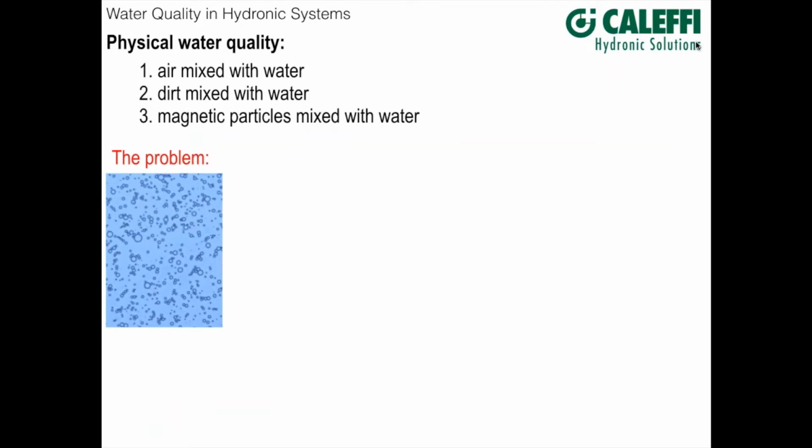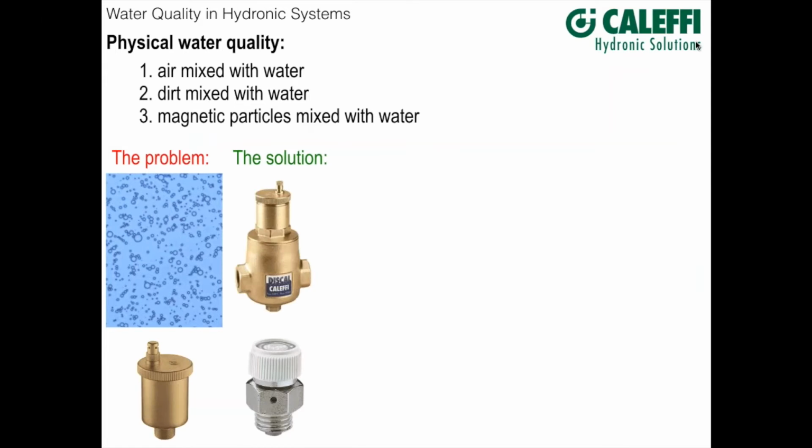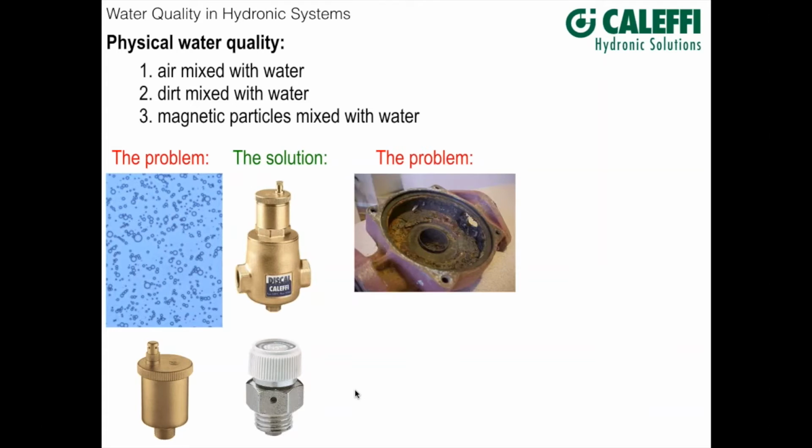Here's an example: a zoomed-in photo of microbubbles in water. Caleffi has solutions for dealing with that, the Discal air separators as well as the flow-type air vents, and down here the hygroscopic air vents. So there's a wide variety of products out there to deal with deaerating the water in a system.